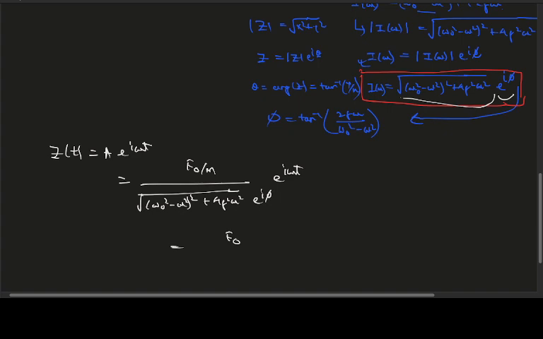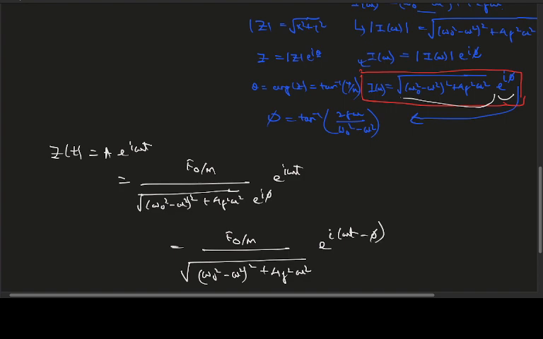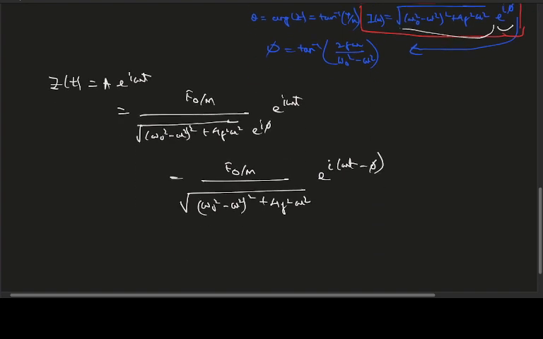So it reduces to f naught by m root under omega naught square minus omega square whole square plus 4 gamma square omega square, e to the power i omega t minus phi. Looks good now. So this is our solution for z of t.